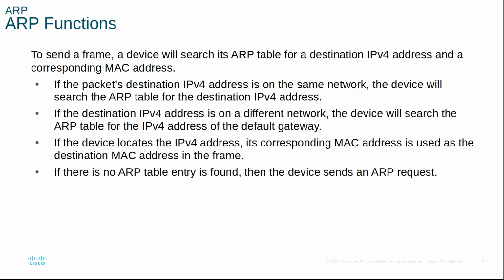If it's on a remote network, though, it looks in the ARP table for the IPv4 address of the default gateway. And if it locates that IPv4 address, whatever MAC address corresponds to it in the table is going to be the destination MAC address of the frame. If there's nothing in the ARP table that matches, the device will send out an ARP request, which we're going to look at in a little bit.